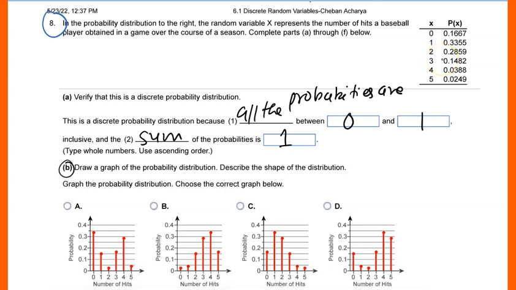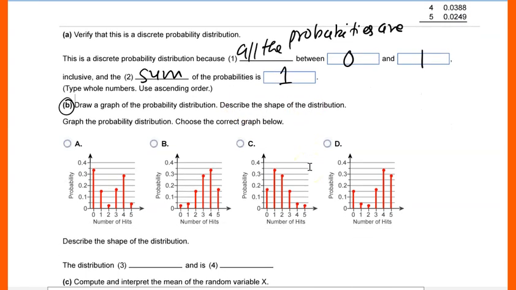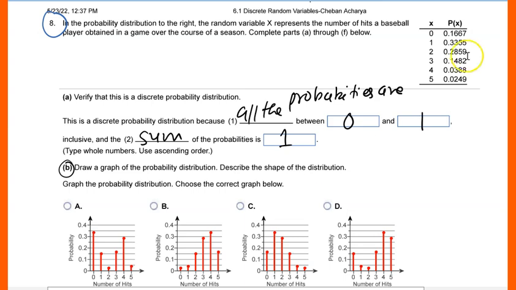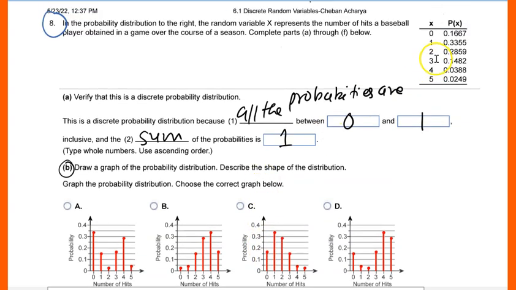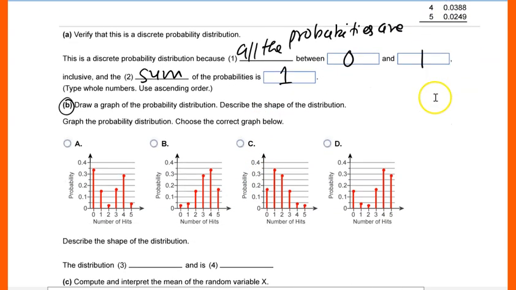Okay, that's the answer. And which one is the correct graph for this discrete probability distribution? That's part B. Draw a graph of the probability distribution. Describe the shape of the distribution. In this question, if you look carefully, for 0 you have 0.1667. Therefore this looks like, for 0, 0.1667 here. For 1, 0.3355.